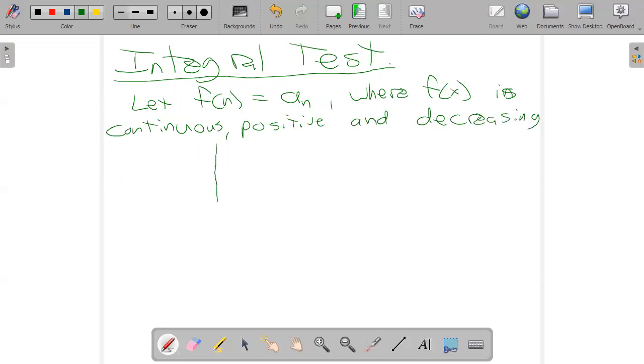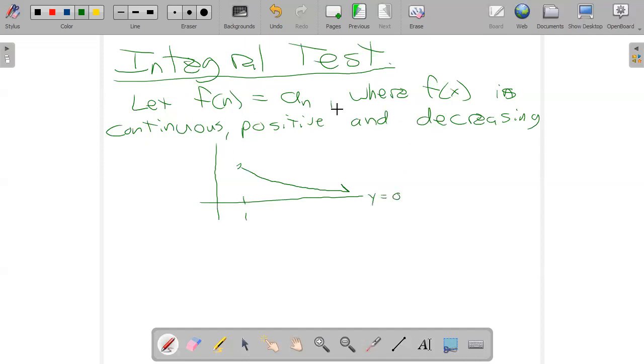So just think about that for a second. I have some function, the terms are always positive. So maybe for n or x equals 1, I have that point right there. It's always positive and it's decreasing, so the function must do something like this. It must asymptotically approach the x-axis, which is y equals 0.